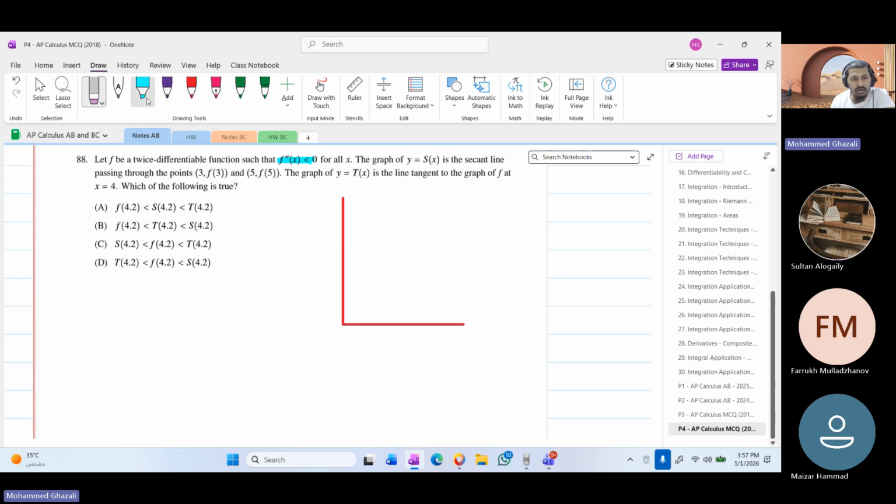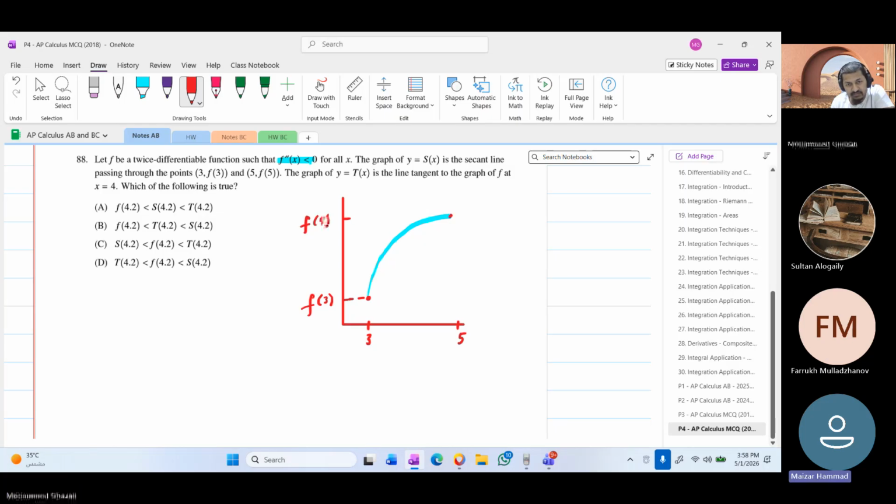Let me draw a concave down function. There's my concave down function. You can think about a piece of a parabola. Now, what they said: 3 and f of 3. So there's 3 here, and that point will be f of 3. And there's another point 5, and that point is f of 5.